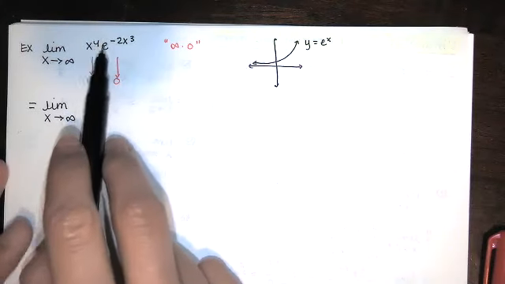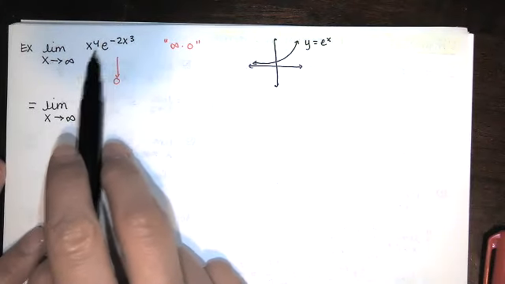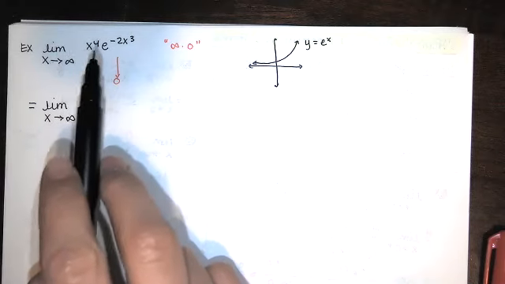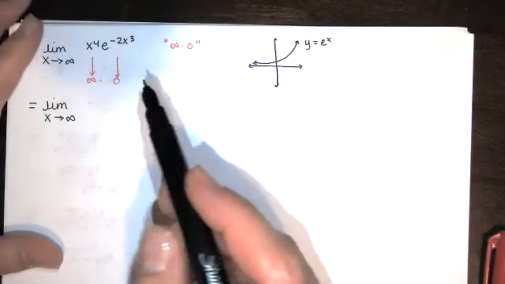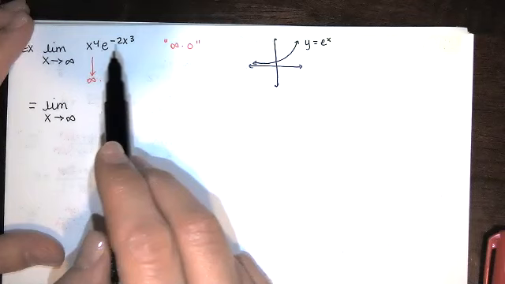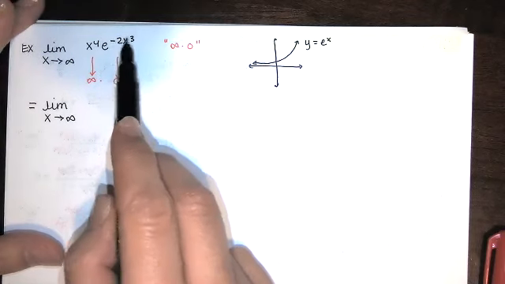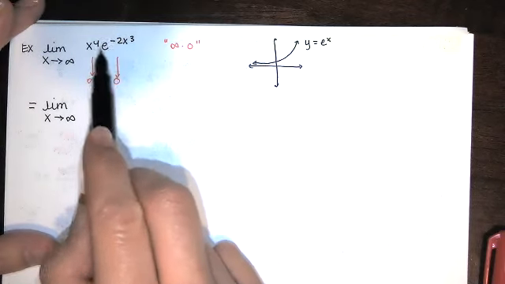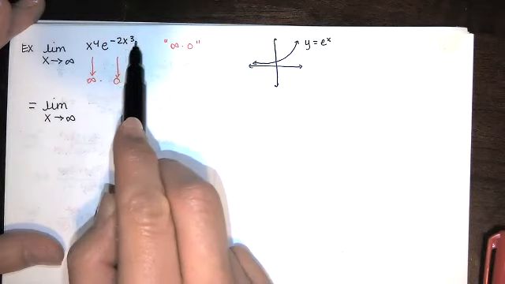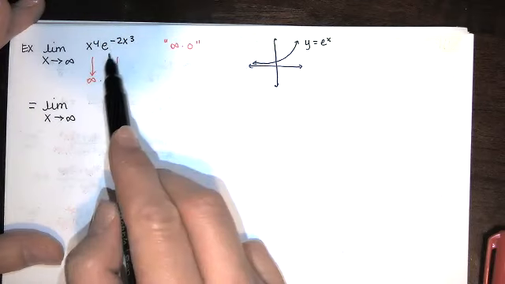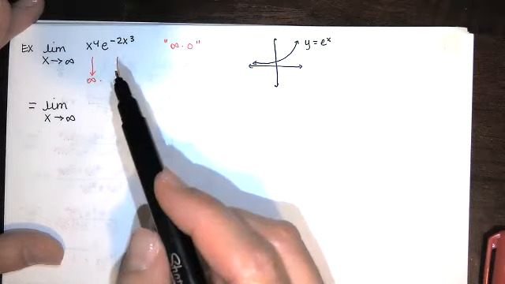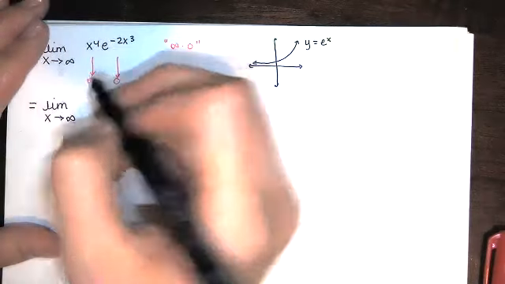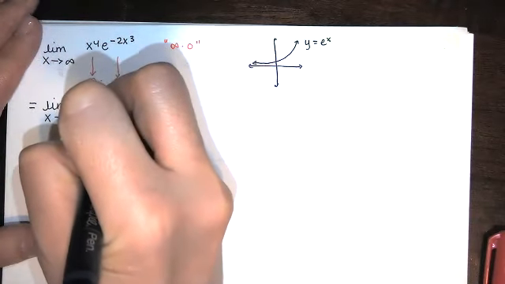The idea is we're trying to write this as an infinity over infinity indeterminate form or a 0 over 0 indeterminate form. The way we can do that is by writing this in an equivalent way so that the term ends up in the denominator rather than as a factor multiplying this guy.